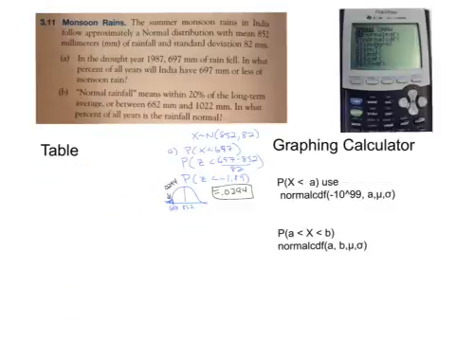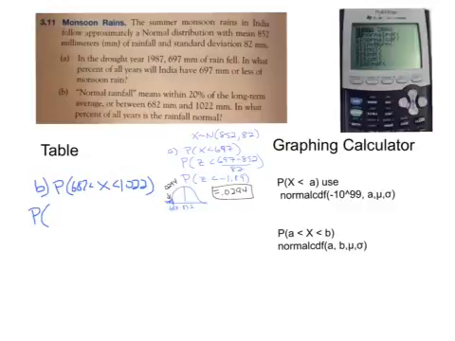In part B, they're asking us to find the normal rainfall, which means that it's within 20% of the long-term average, or we're trying to find an x that's between 682 and 1,022 millimeters. I'm going to do this the same way I did the last time. I need to convert it to a z.